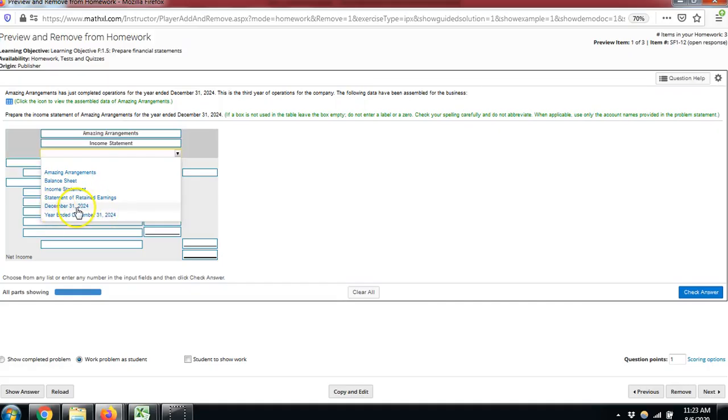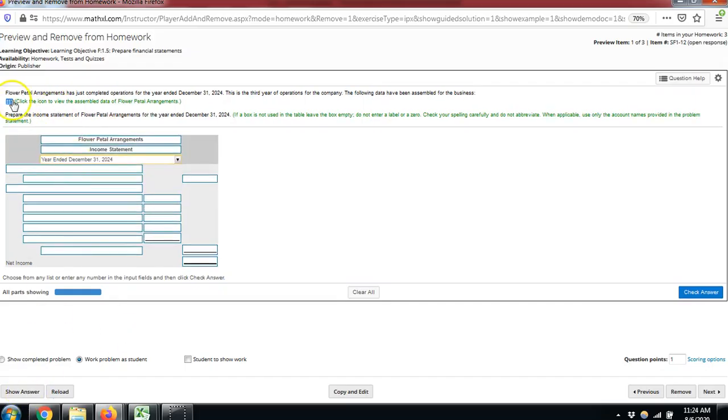December 31st, 2024 would be incorrect because this is just stating one day. We want to see what the income and expenses were for the entire year, so we have to label this correctly with the year ended December 31st, 2024.